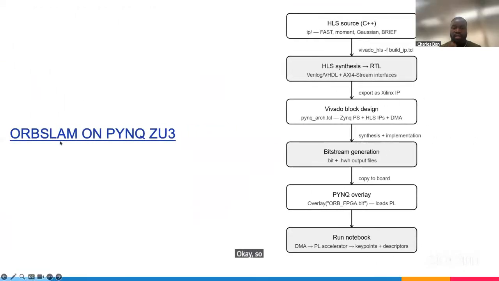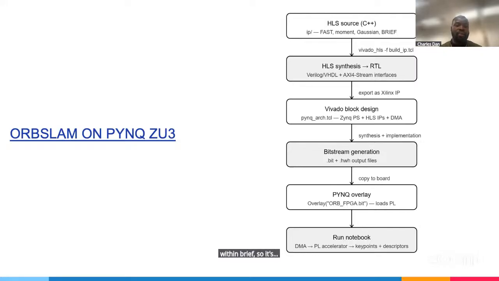Okay, so this is the second project, which I had the privilege of working on. It is an ORB-SLAM. ORB is Oriented FAST and Rotated BRIEF.